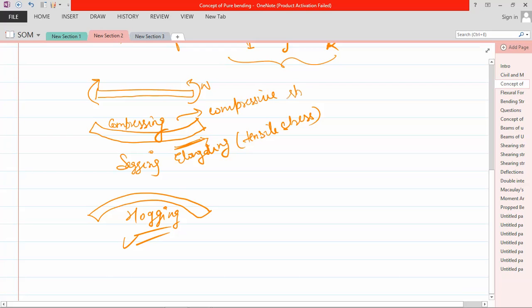Now, in hogging, you can see that this part is elongating, which means this part is in tension because of elongation, and this part is in compression.